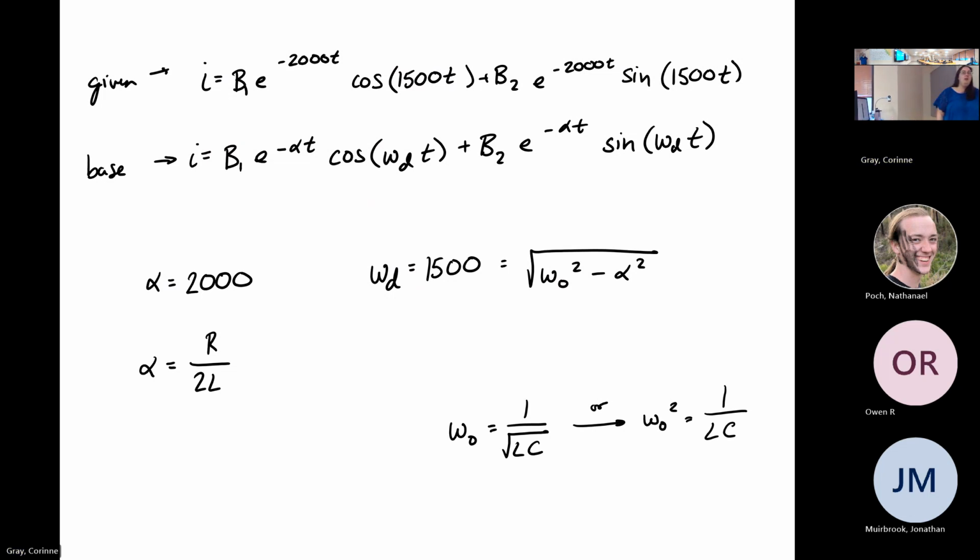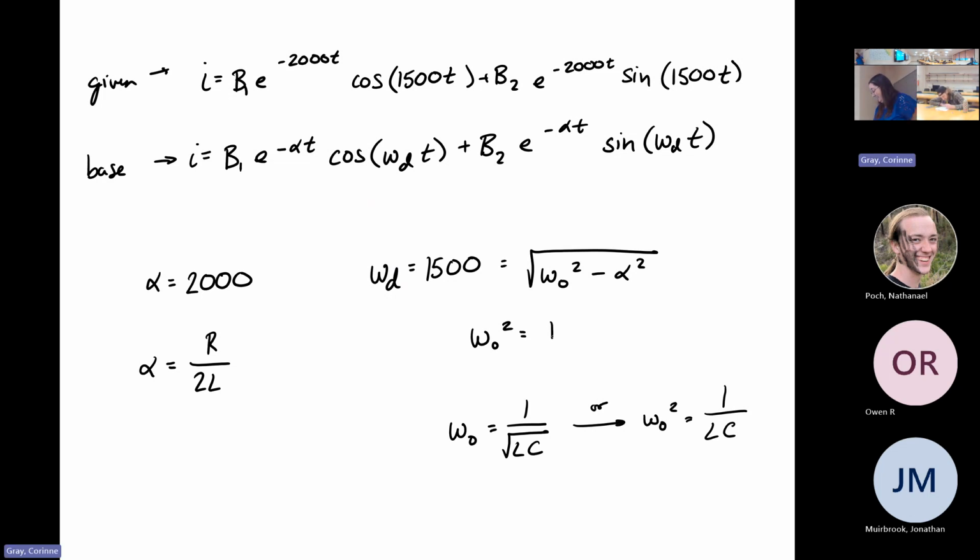The reason I might want it squared is that my omega d equation has an omega naught squared, so I can just solve for that. So how would I solve for omega naught squared? And then we'll be done. It's the opposite of a square root: square.